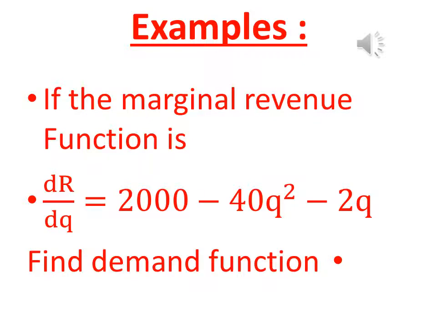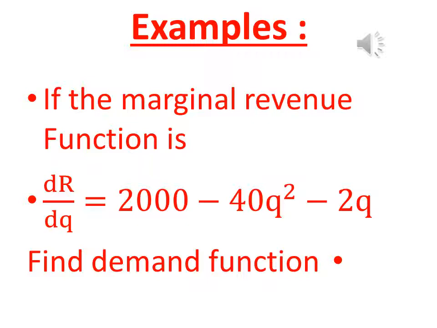Another example. If the marginal revenue function is dR/dq equal to 2000 minus 40 q to the power 2 minus 2q, where R is the revenue and q is the quantity, dR/dq means R dash. Here we have the marginal, and we want the revenue. To get the revenue, we must integrate dR/dq.